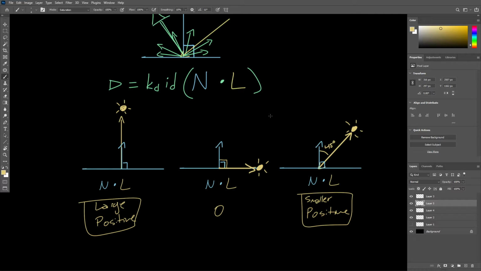And of course, if it's somewhere in between, we're still going to get a positive result here, but this scalar term is going to scale down the light intensity due to the fact that the dot product is a smaller value than it would have been if the light source was directly overhead the face itself.